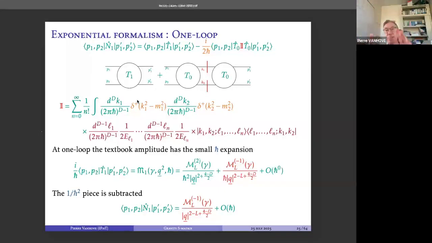So for example, because I'm at one loop, I have actually two tree level contributions that are included in the full quantum one loop amplitude. But the relation between n and t precisely cancels this thing that is imposed on you by unitarity, which comes from the lowest orders.